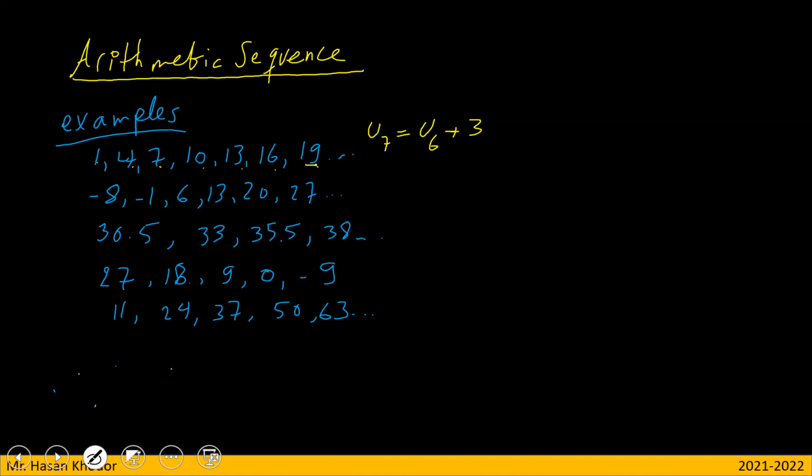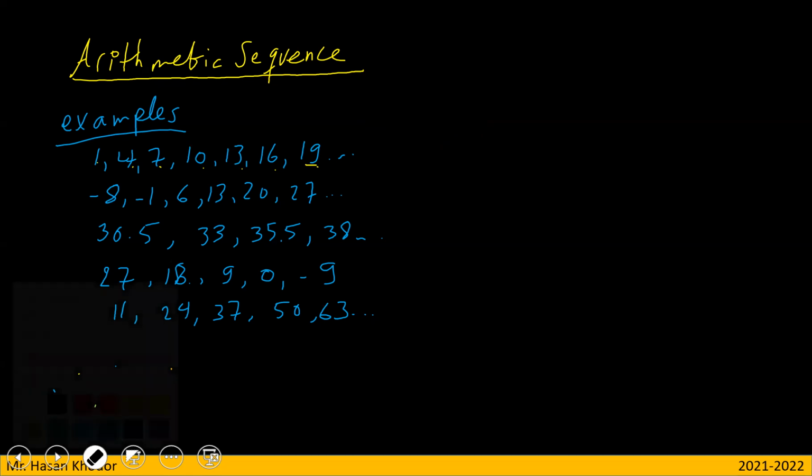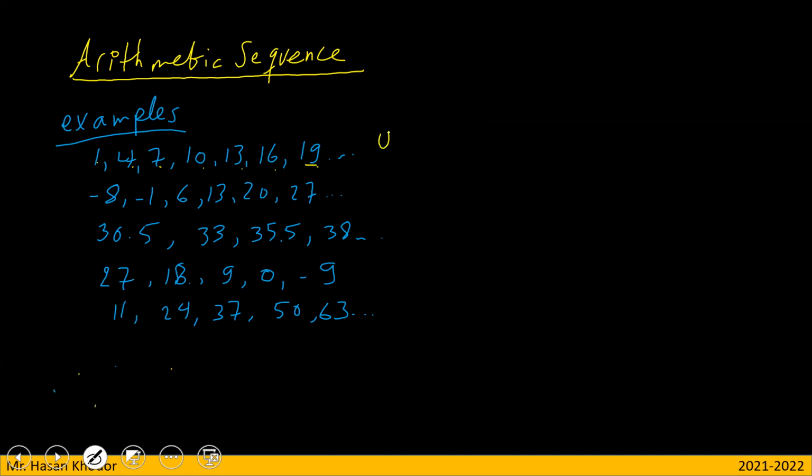Now, if I subtract any two terms, for example, U7 minus U6, or for example, U5 minus U4, what will you get? This is U5 and this is U4. If we subtract them, you will get 3.